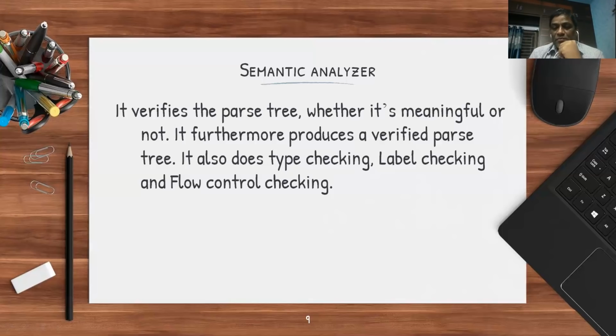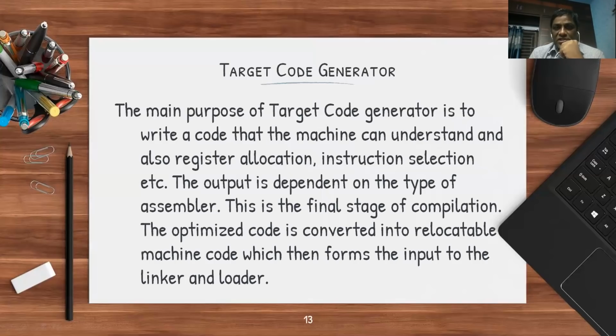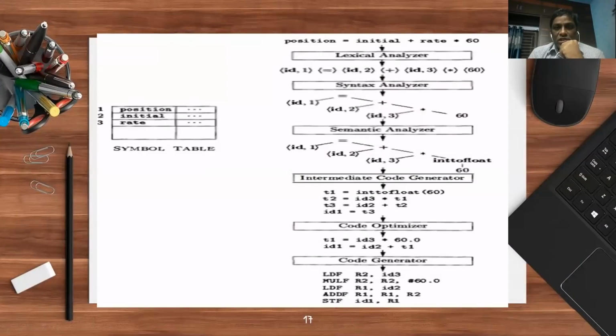For example, let me show you a simple snippet to understand what it does. See this here. Suppose there is a statement identifier 3 into 60.